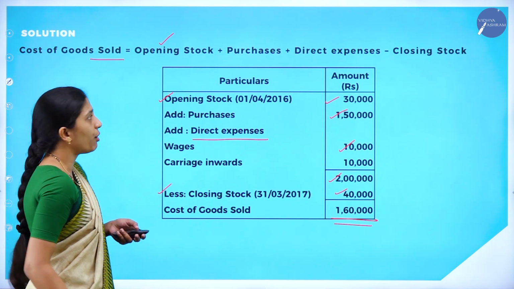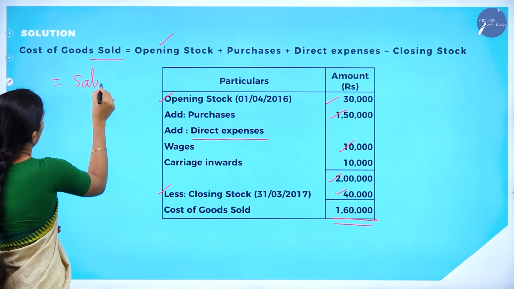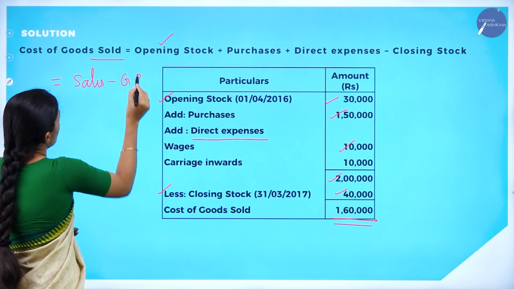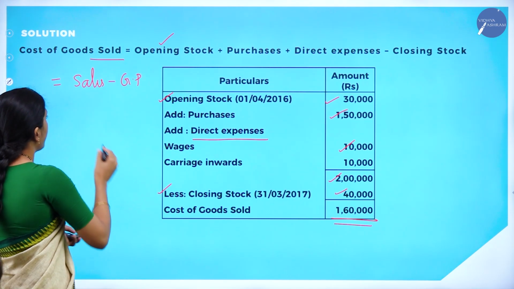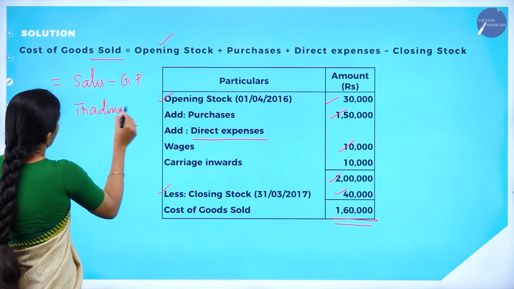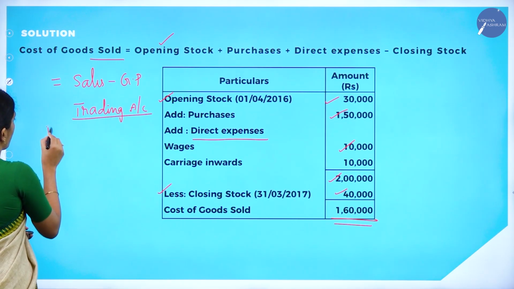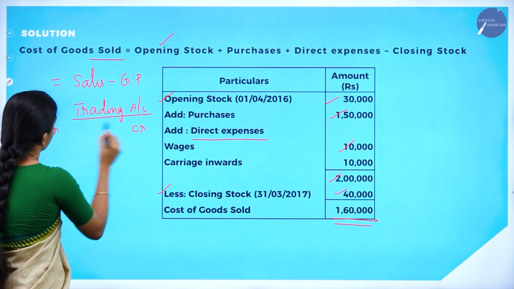Suppose you use the formula cost of goods sold is equal to sales minus gross profit. First you have to prepare your trading account. So here I'll solve this problem. In the debit side, what do we record? This is debit and this is credit side.